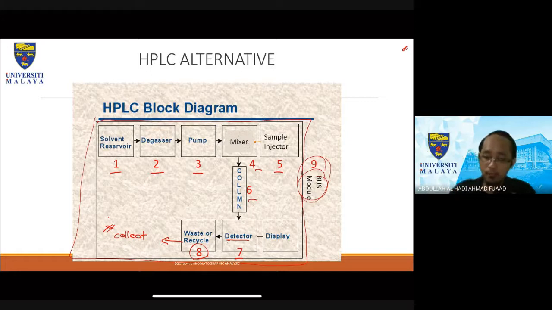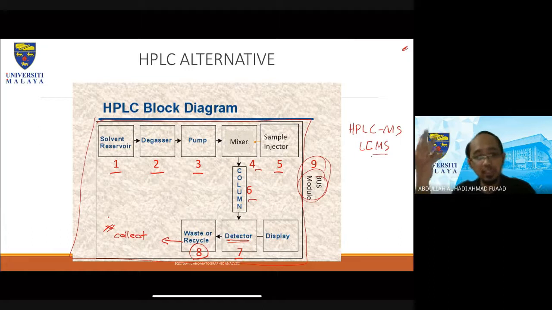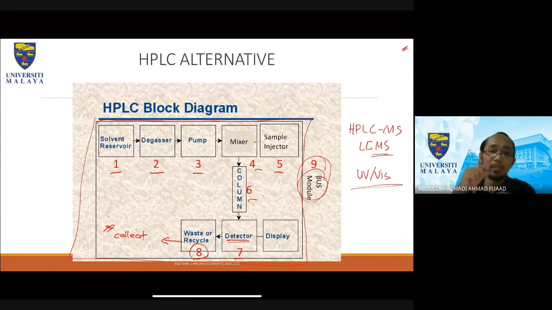If you have HPLC-MS, or simply abbreviated as LC-MS, the MS setup will definitely destroy your compound, meaning that you will not be able to recover your compound. However, a detector such as UV-Vis, because it just measures the chromophore of your compound itself, towards the end of the day, you'll be able to recycle, you'll be able to collect every single thing.